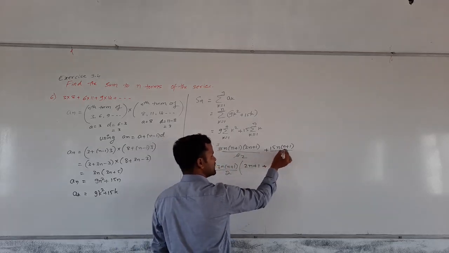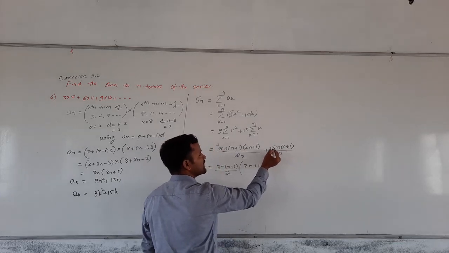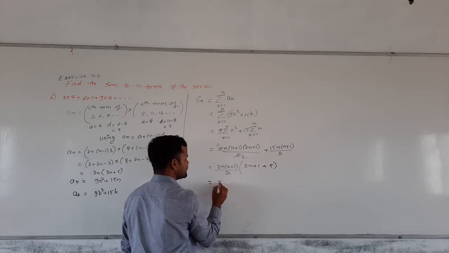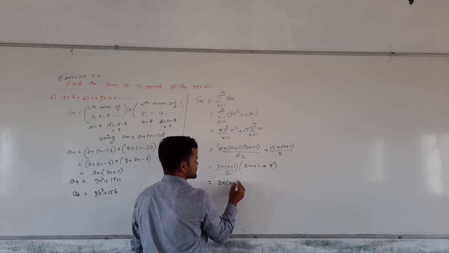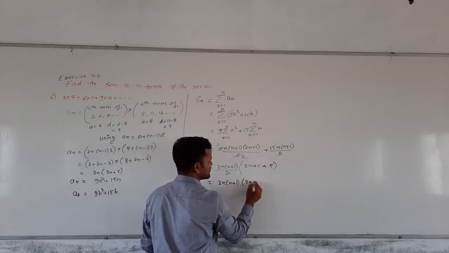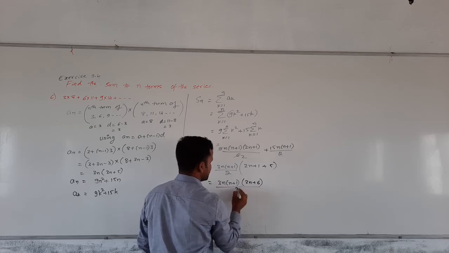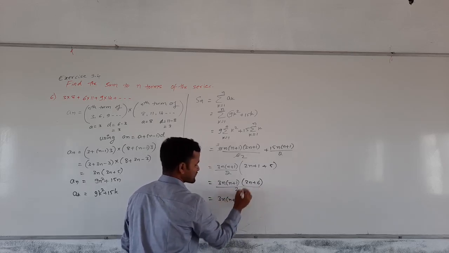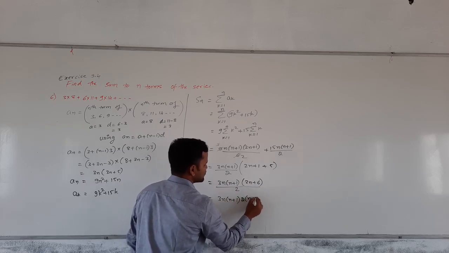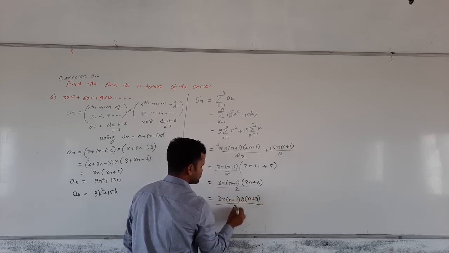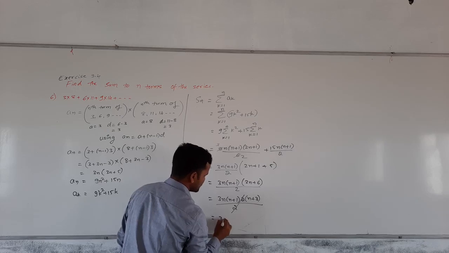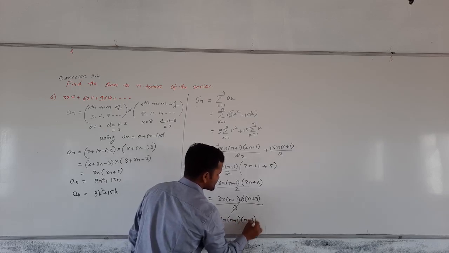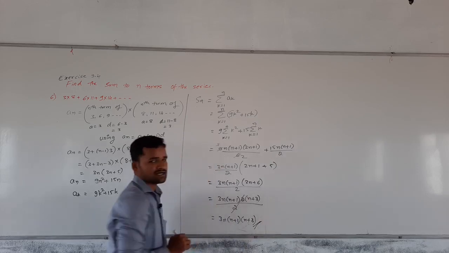From the second term, 3 is outside and 5 remains here. So 3 into n plus 1, 2n plus 6 divided by 2. Then 3 into n plus 1, 2 is common, into n plus 3, whole divided by 2. The 2 cancels. 3 into n plus 1 into n plus 3 is the final answer.